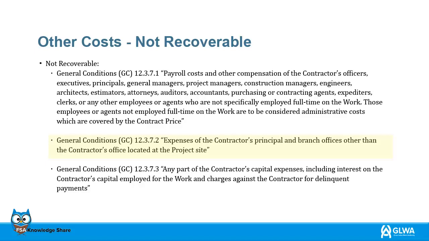General Conditions 12.3.7.2 Expenses of the contractor's principal and branch offices other than the contractor's office located at the project site. General Conditions 12.3.7.3 Any part of the contractor's capital expenses, including interest on the contractor's capital employed, for the work and charges against the contractor, for delinquent payments.